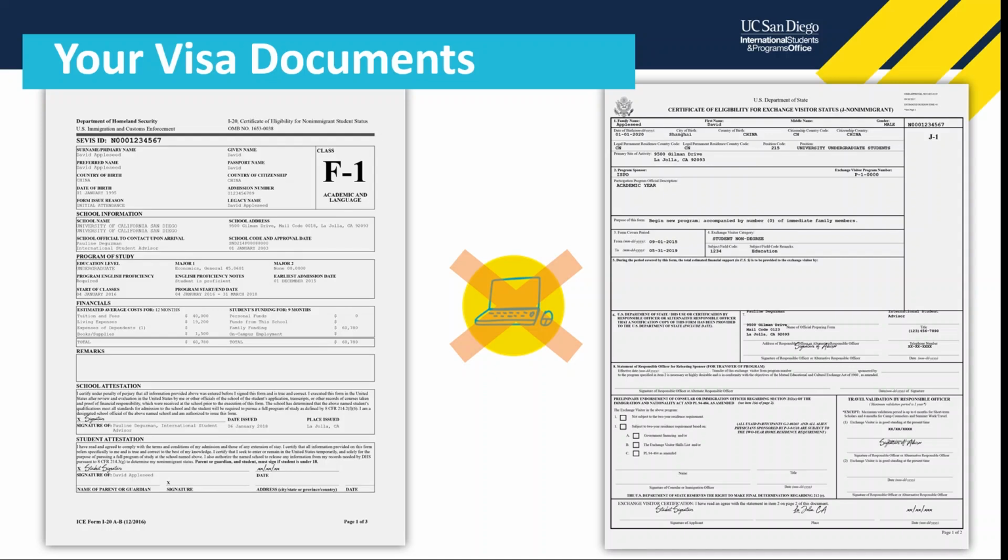For those of you who do need to apply for your F1 or J1 visa, once you have your document in hand, it's time to book your visa appointment. Note that you need to have your Form I-20 or DS-2019 with you in order to book this appointment, since it has what is called your SEVIS ID number on it.